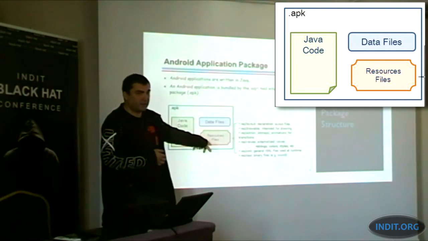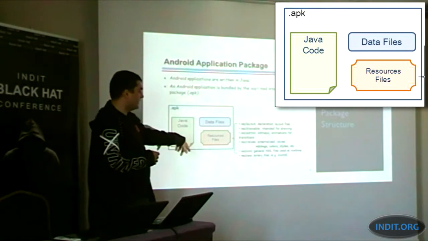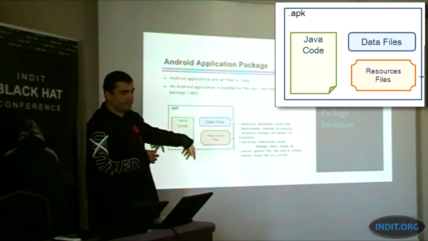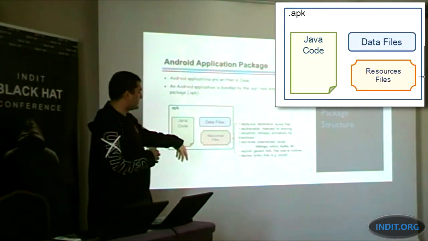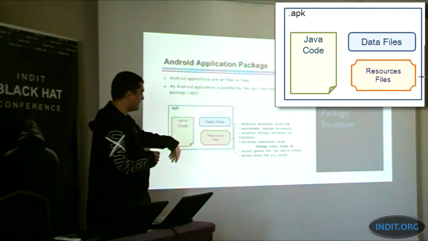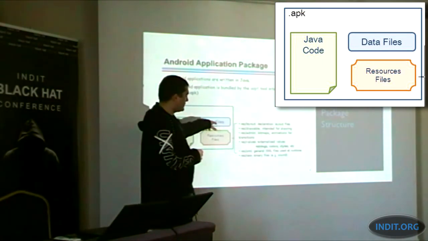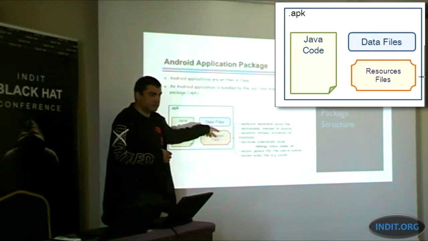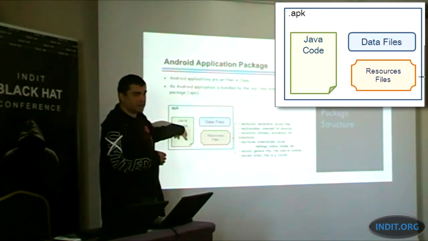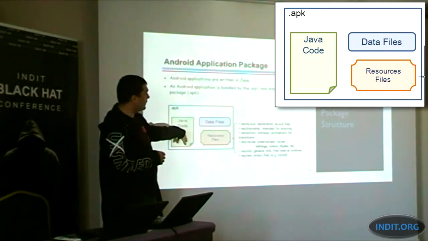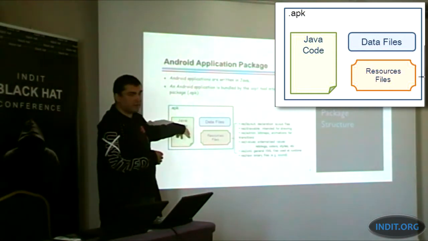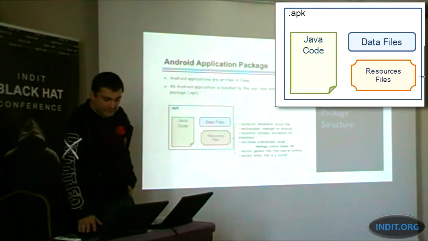They are compiled to machine code, or in Java in most cases this is bytecode. Data files are these scripts which I just pointed out, and the plain Java code. The plain Java code, when an application is being developed, is in Java files, and they're simply being parsed to smali files after that.